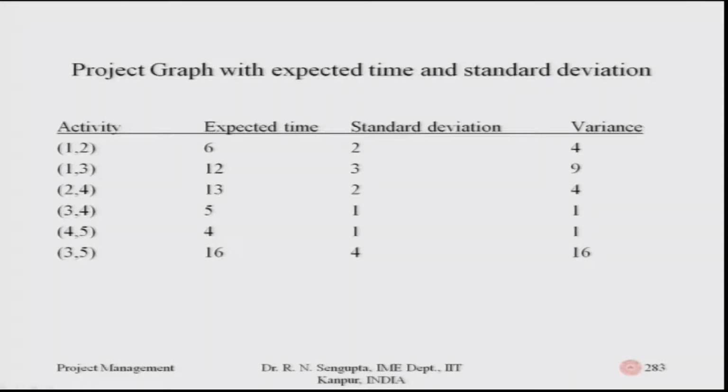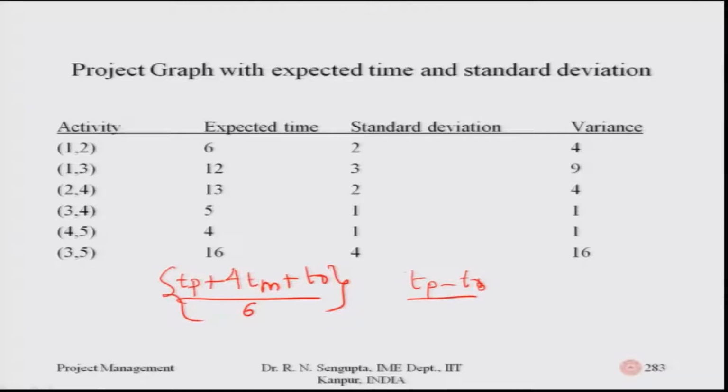Then, based on the pessimistic time and the optimistic time, we find out the standard deviation using this formula. Your actual formula, if you remember, I am again repeating it. The expected time is found out using the pessimistic time plus 4 times the most likely time plus the optimistic time, all divided by 6. And if I want to find out the variance, the variance would basically be the pessimistic time minus the optimistic time, divided by 6, whole square.